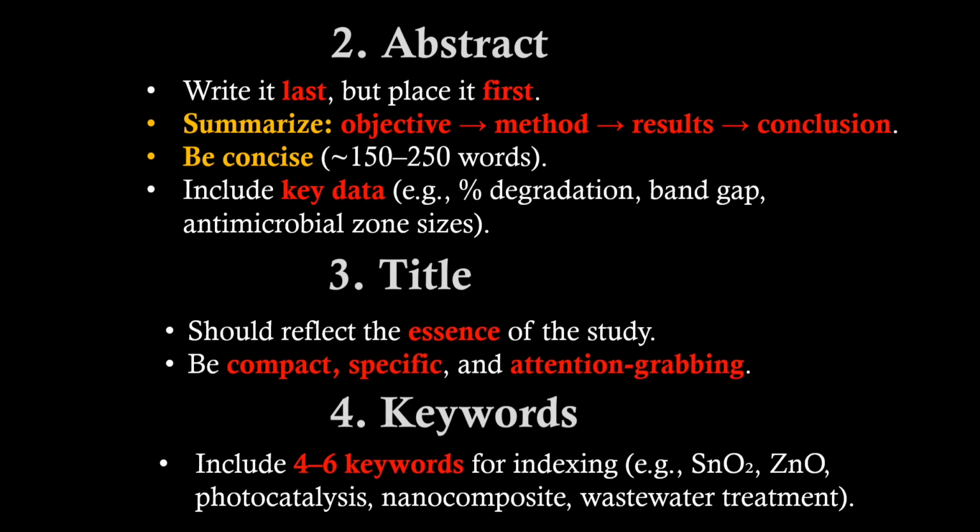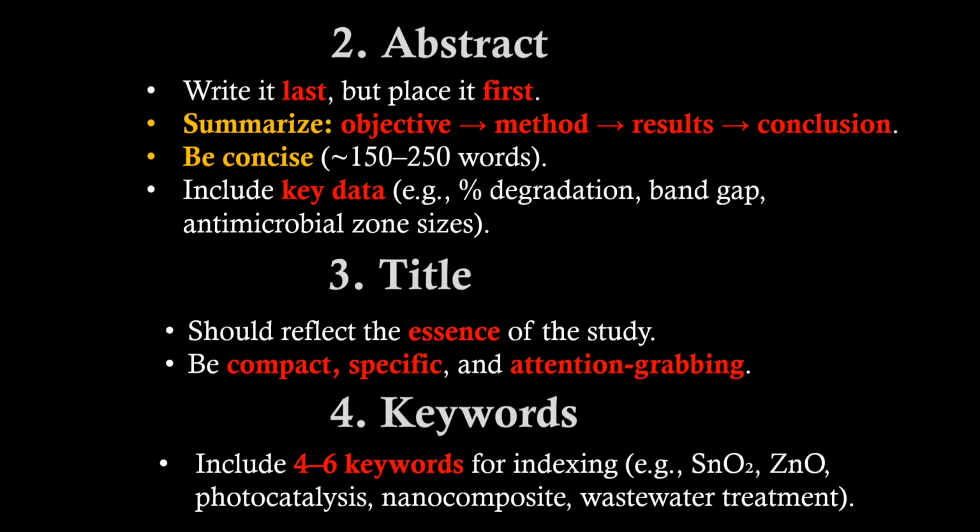For example, if we are writing a paper on degradation of a particular model pollutant, then the percentage degradation or the band gap of the catalyst or photocatalyst we are using, or if we are performing some antimicrobial or antifungal activity, that should be spelled out as key data in the abstract. Findings or results should be included in it.